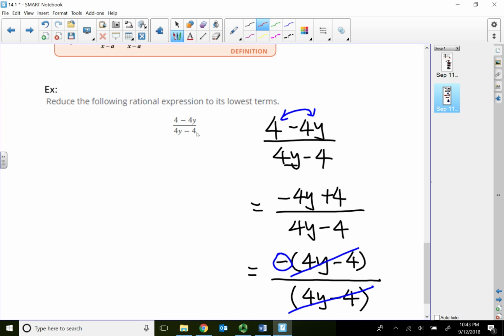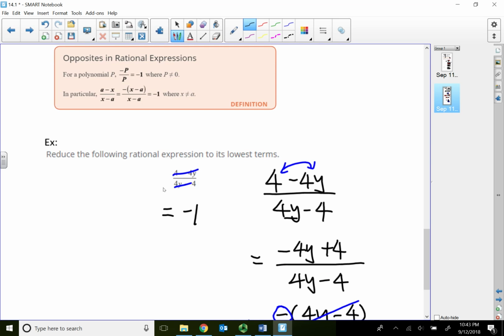Bottom has a negative 4. The top has a negative 4y. The bottom has a positive 4y. So their signs for the same exact term are totally opposite. So that means they can cancel each other out. That will just leave you with a negative for the answer. Okay. For right now, we're just going to write negative 1 as the answer.